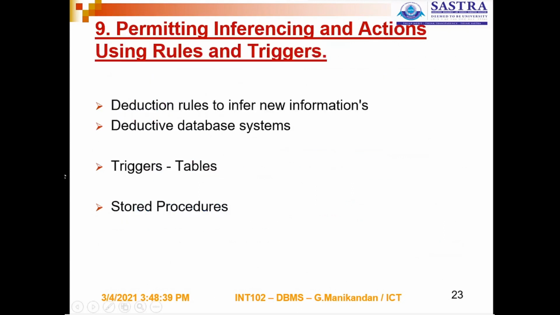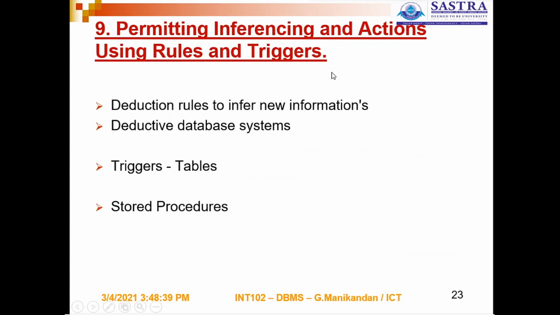So the next advantage is permitting inferencing and action using rules and triggers. This trigger is nothing but what? In the previous semester in Java, you have studied event handling. If you map that event handling to your database scenario, it is called a trigger.